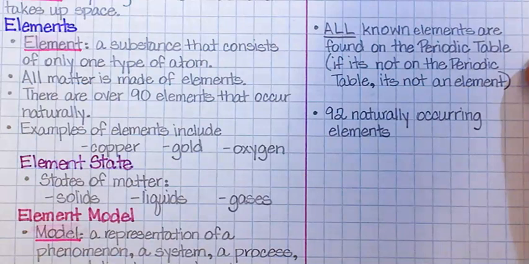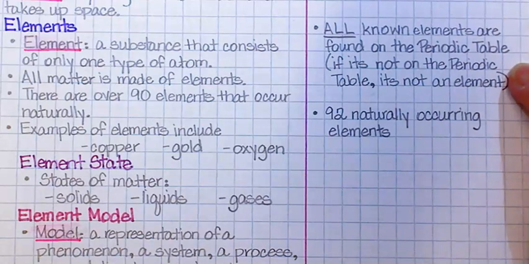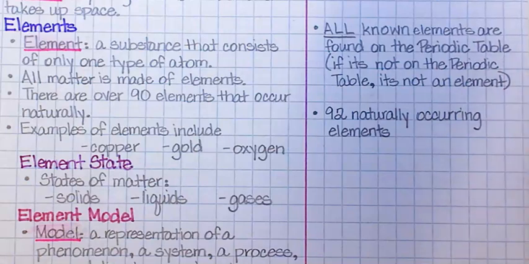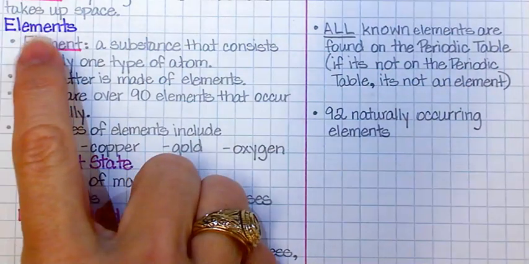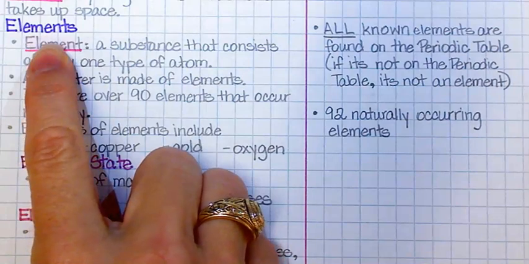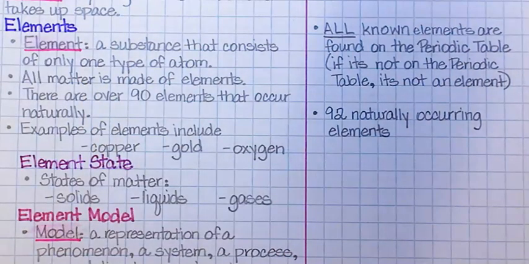Okay, so the first thing is that I made a note that all known elements are found on the periodic table. Basically, if it is not on the periodic table, then it's not an element. Remember, elements are substances that consist of only one type of atom. Carbon consists of all carbon atoms.